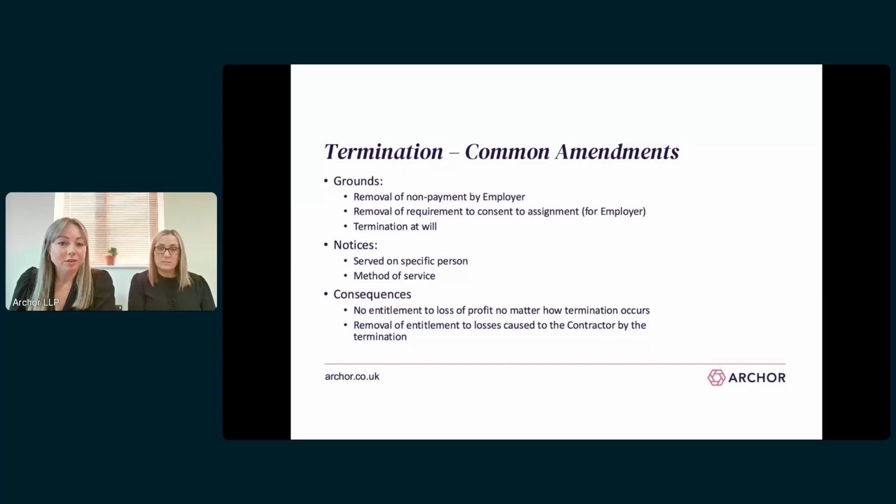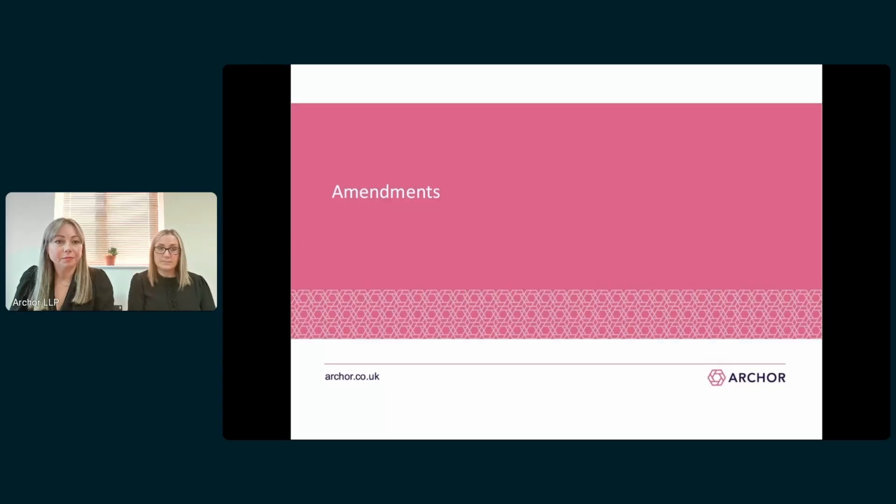As for consequence of termination, quite often the contractor's losses will be limited, even if there is a termination because of a breach by the employer. So again, check to see what you're signing up to, check if you're reducing your rights as a contractor, if you're terminating because the employer's in breach.